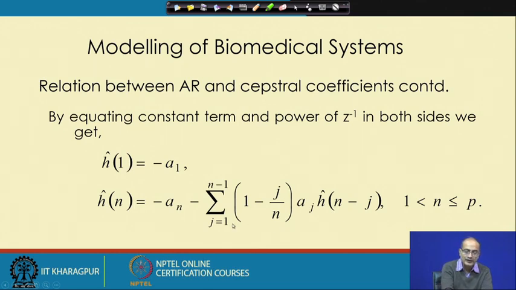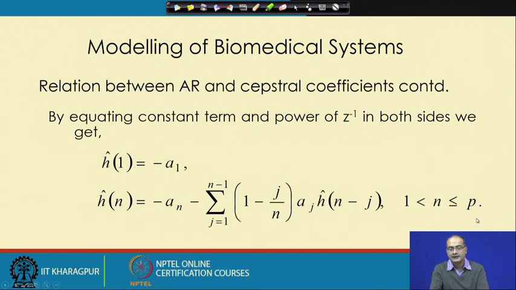As we compute h hat 1, using that value we can compute h hat 2, and using h hat 1 and h hat 2 we can compute h hat 3. In that way we can go up to the pth coefficient, so the p Cepstral coefficients we can compute in that way.